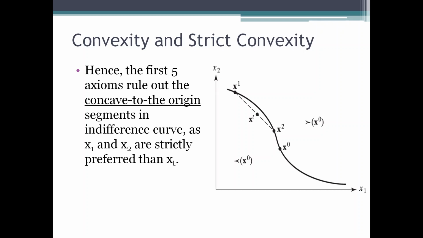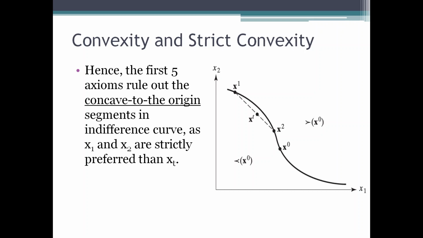Now we have two extreme consumption bundles, x1 and x2, and we have a weighted average, a balanced consumption bundle xt, that has a combination of x1 and x2. Can we say that xt is weakly preferred to x1? Is it weakly preferred to x2? Definitely I cannot say so. Why? Because x1 and x2 both are above xt. They are on a higher level.